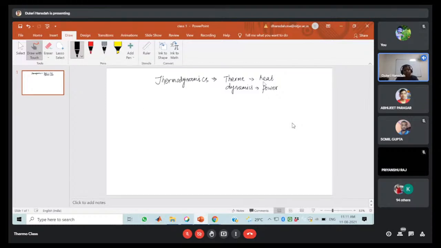So from this definition, we can say that thermodynamics is the science of energy. Heat is one form of energy. So thermodynamics is the science of energy and its transformation, and also the effects of this energy on the quantity of the substance.